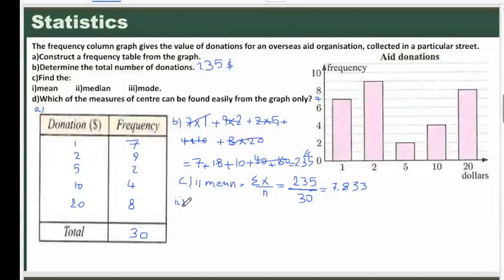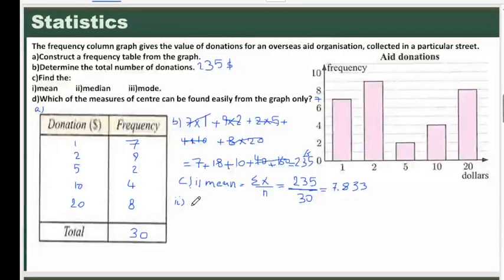C part 2, median. If I order all the value, rewrite it in order of value, when data is ordered, the median is the middle value.